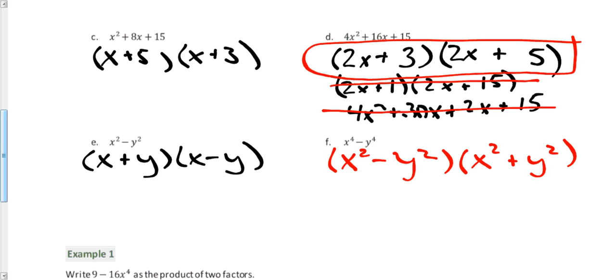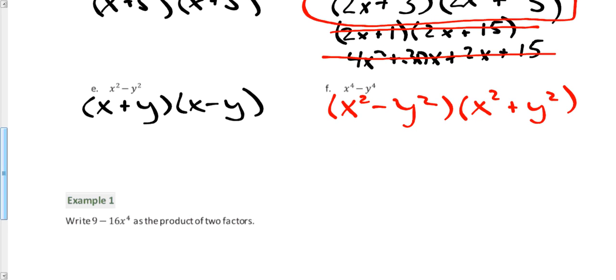It's x squared, right? Square root of the second term is y squared. So x squared minus y squared, x squared plus y squared. Am I done here? No, why not? I can factor it more. That's right, Cam. Where can I factor more? X squared minus y squared. Another difference of squares. That's right.